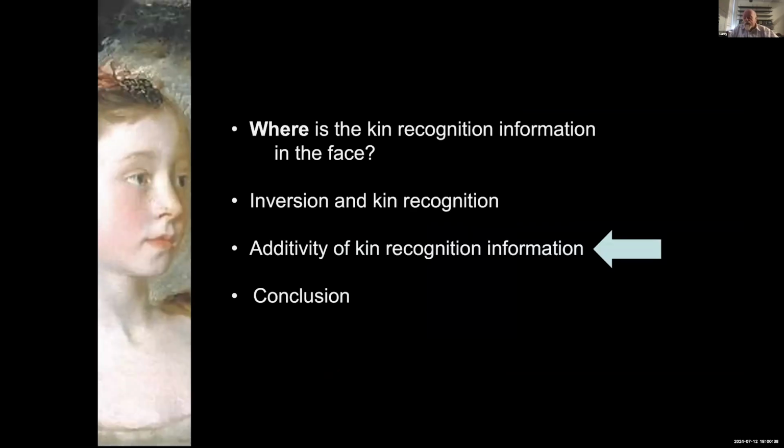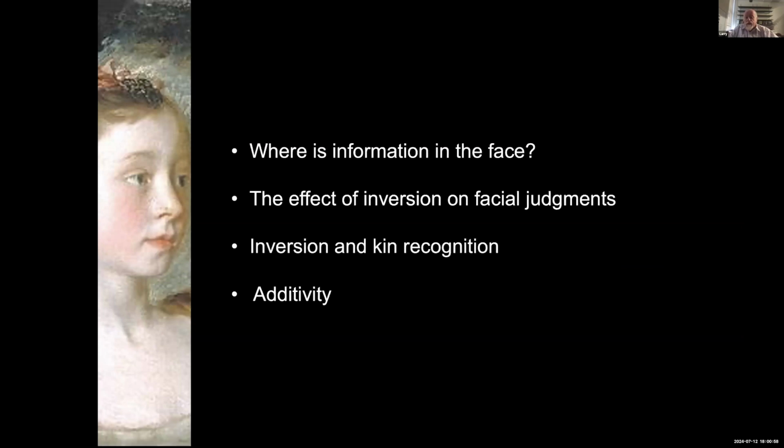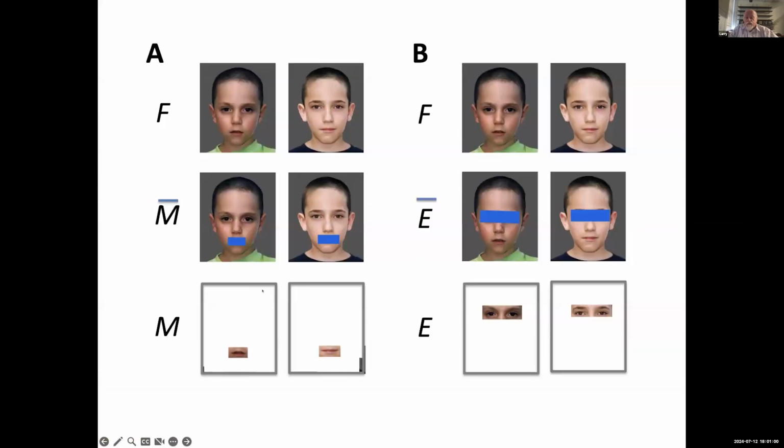And last, basically, we'd like to develop a model that would allow us to cut up the face and find out where the information is, and also whether, if you look at two regions, you have additivity. So we're testing additivity, and to do that, we're going to be using stimuli where there are three conditions, and two conditions have complementary masks.